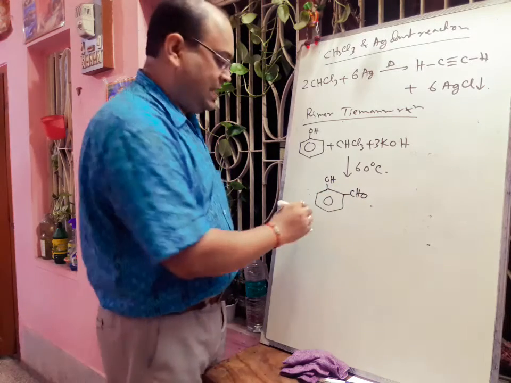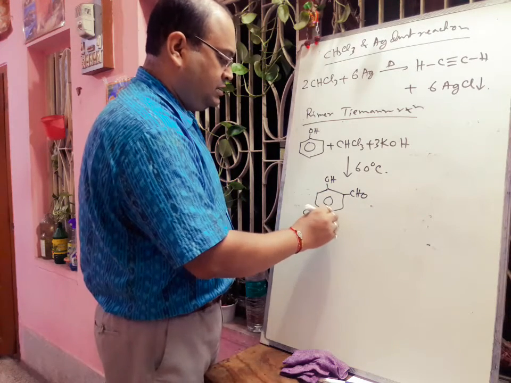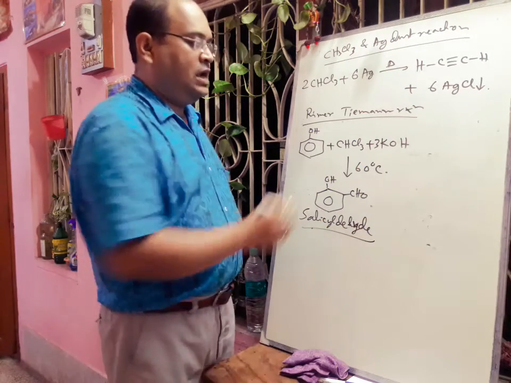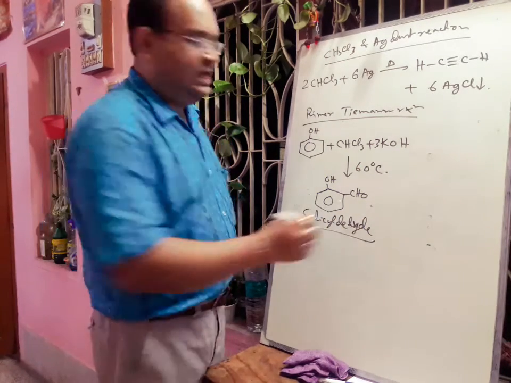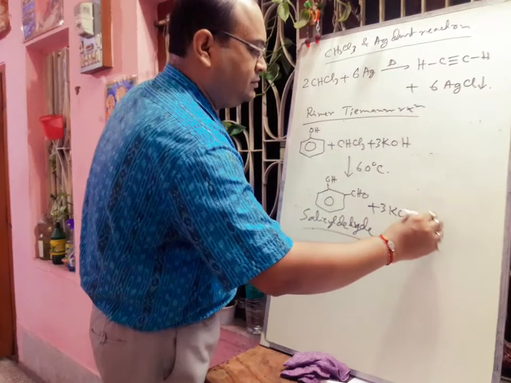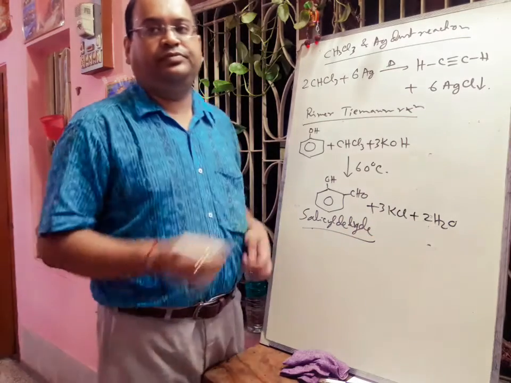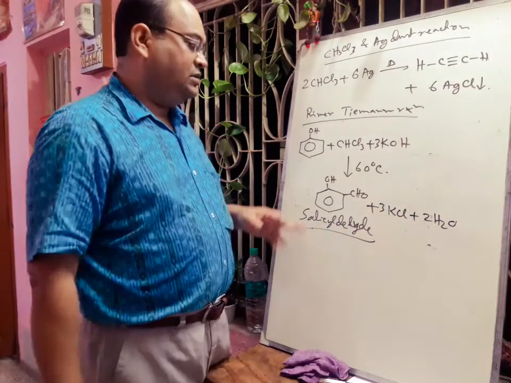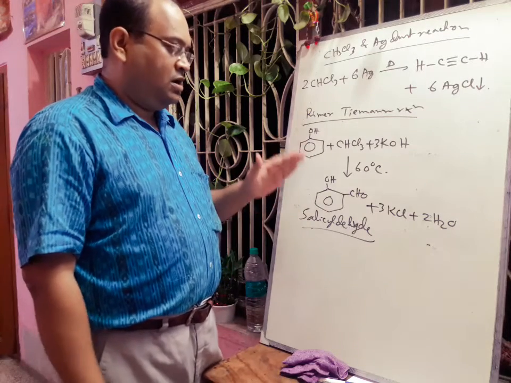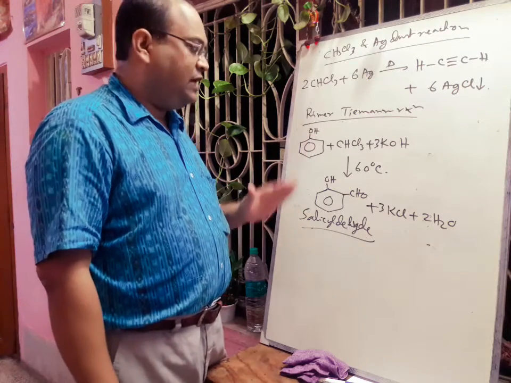And the name of this reaction is called the Reimer-Tiemann reaction. This reaction passes through the dichlorocarbene mechanism, that we will discuss later.